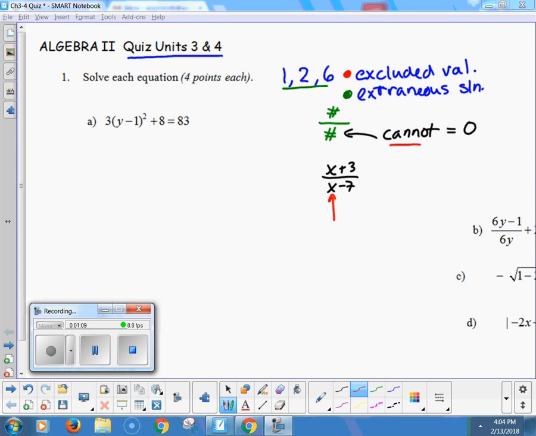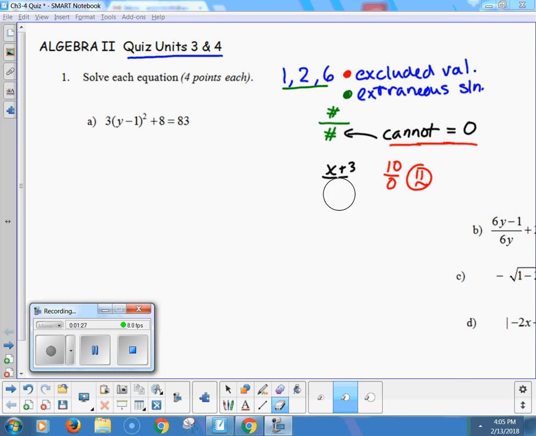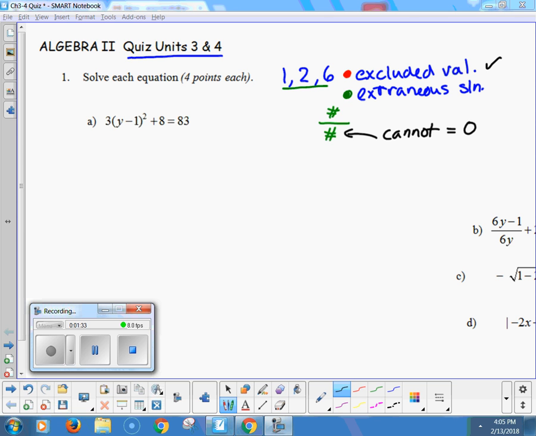I cannot divide by 0, so that means that 7 is one value that x just can't be, because as soon as x is 7, then we've got 10 divided by 0, which makes no sense. So whenever you see a problem involving a fraction, be careful and start thinking, gosh, maybe I have an excluded value, something x can't be.